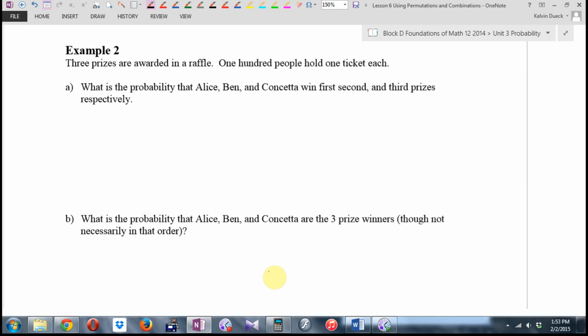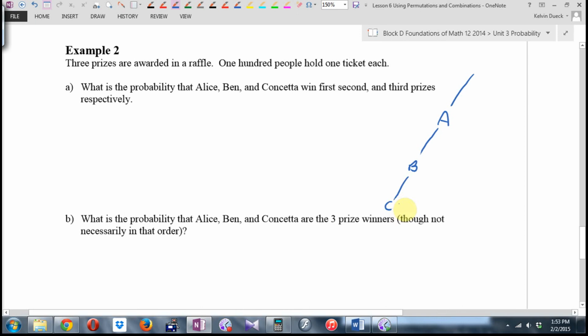But I usually don't worry about using the whole nPr thing, because if they give it to me in order, they're only talking about one specific branch, and even if it's a 3 or 4 level tree, I can draw it. As a branch, here's what they're talking about: A wins, then B wins, then C wins. That's what they're talking about, because they said respectively in that order.